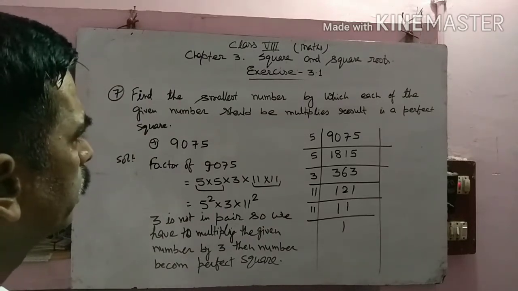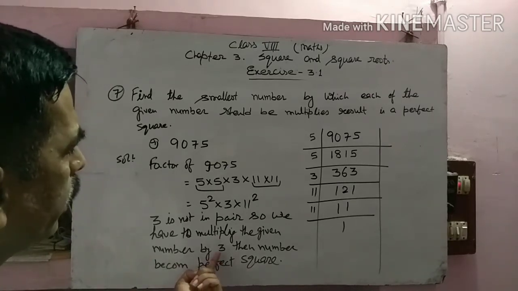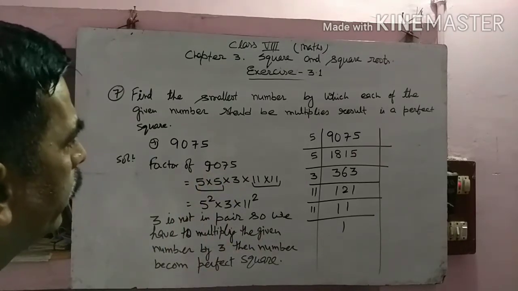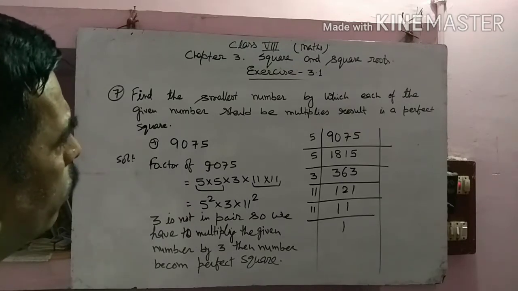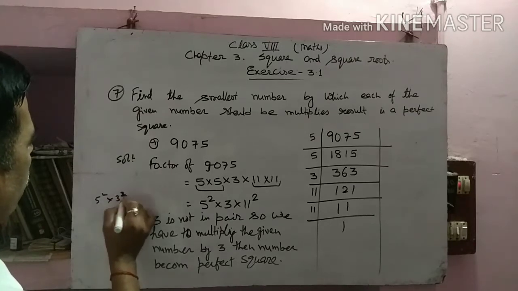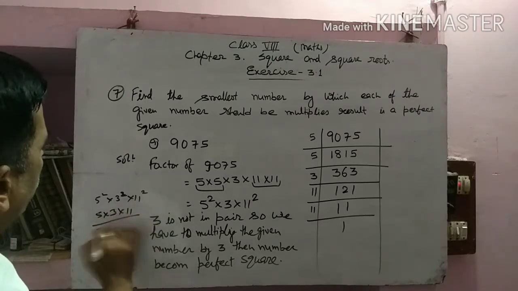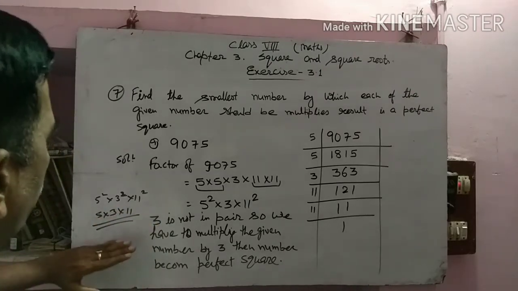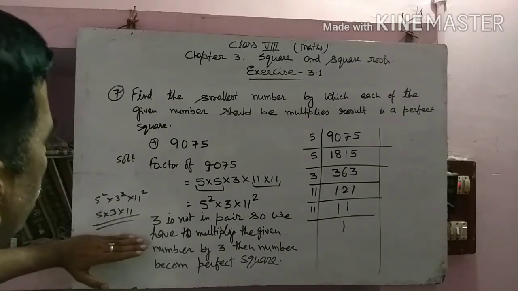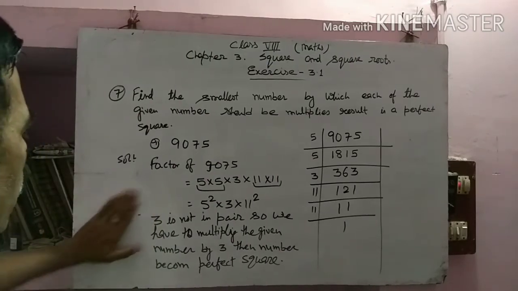If a question is asked to find the number by which to multiply to get a perfect square, the answer is 3. We multiply 9075 by 3 and get the result, whose square root is 5 into 3 into 11, the squares of 5, 3 and 11. So the square of 5 into 3 into 11 is the perfect square.